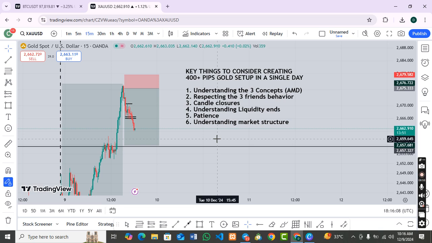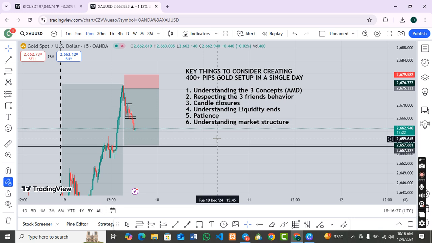Then the third friend, I call a fair value gap, and you can also call it leftover orders, leftover buying orders or selling orders.